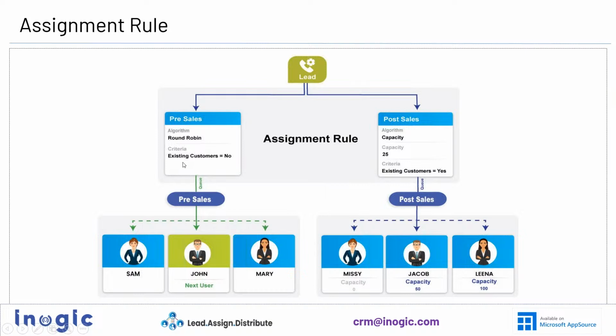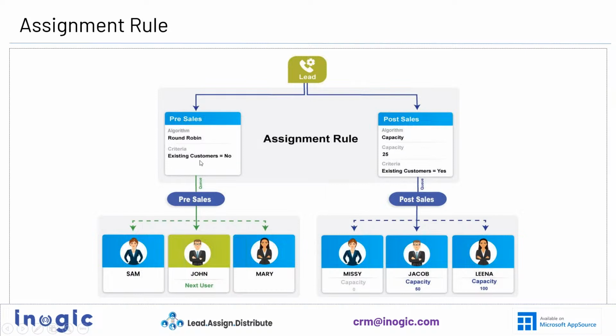Now, if the lead that is being created is for a new prospect and the prospect is not an existing customer, only in that case, the lead will be going to the pre-sales queue, which is definitely controlled by the round robin algorithm. However, if the lead that is being created is for an existing customer, then rather than the pre-sales queue, the lead will go to the post-sales queue, which is being controlled by the capacity algorithm.